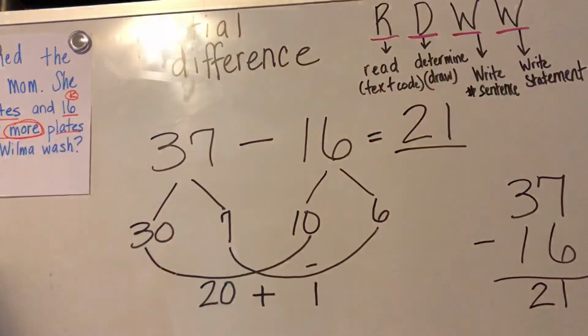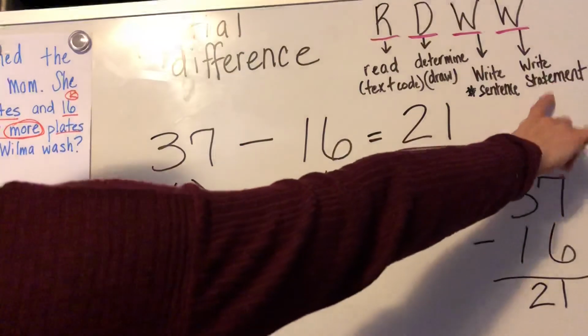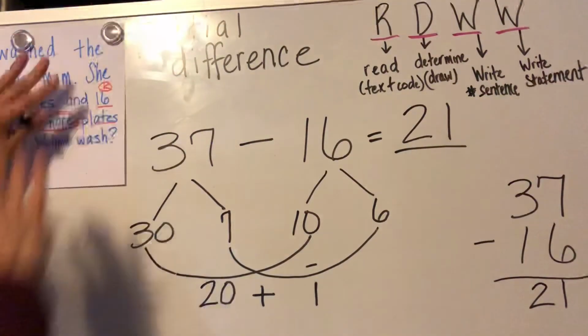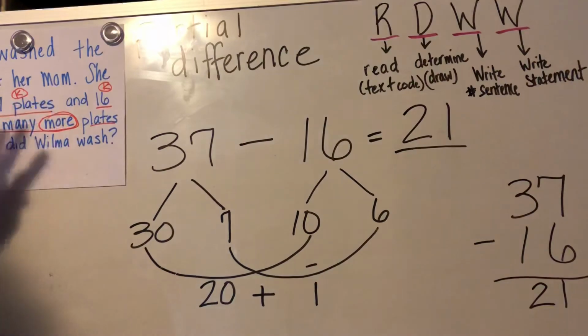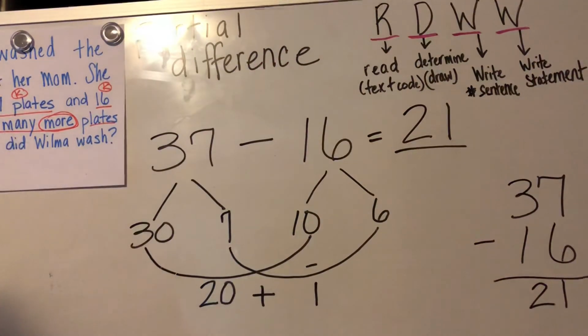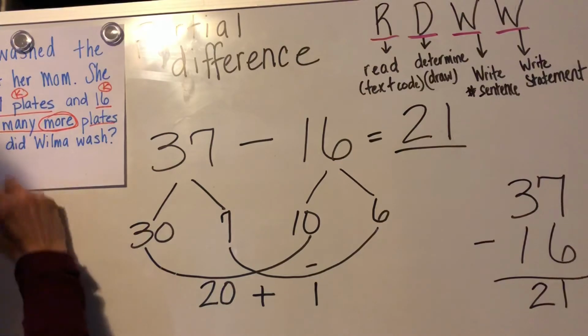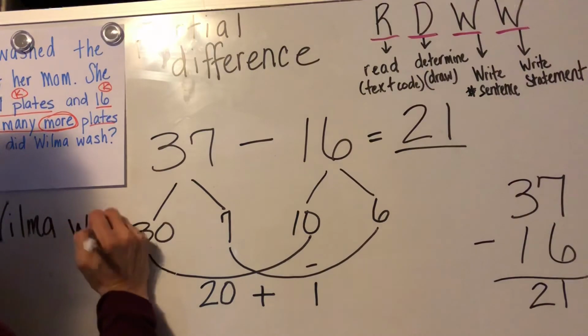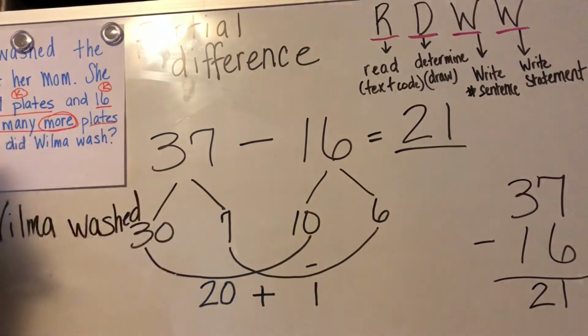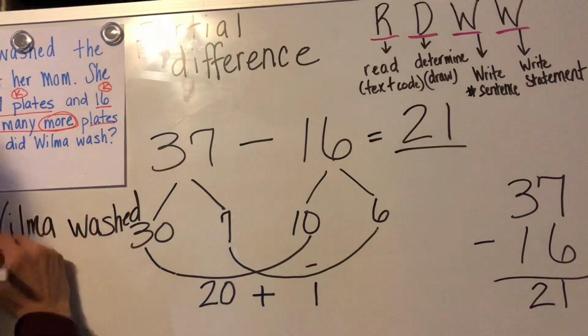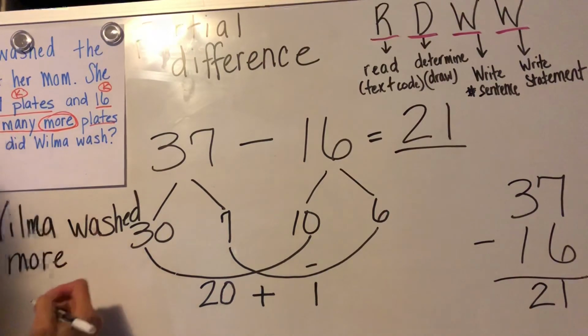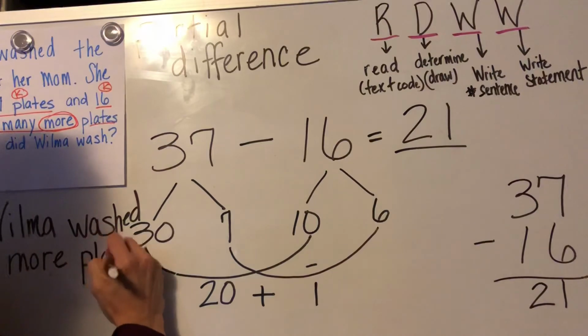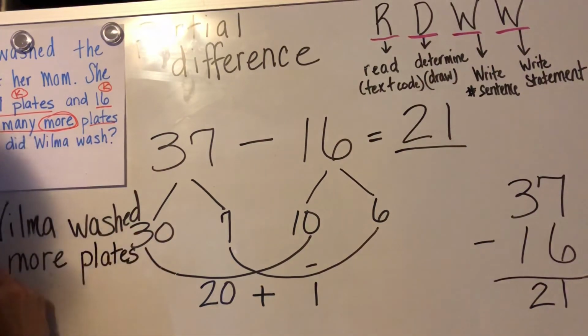The last step when I'm using this problem-solving strategy is to write a statement. When I write a statement, I look back at the words in the problem and use them to write the answer that I have. So I've now discovered that Wilma washed 21 more plates than cups.